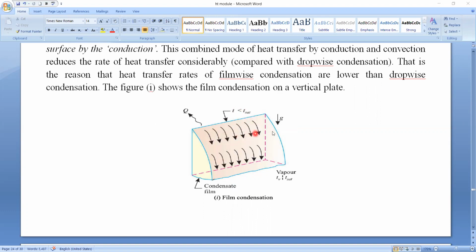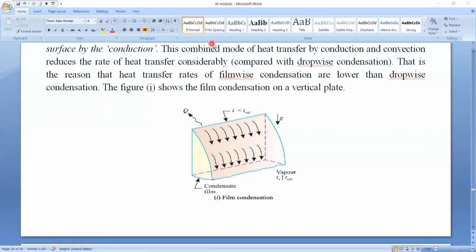Then the vapor loses its latent heat to the surface, and hence there is a phase transformation from vapor state to the liquid state, thereby forming a thin layer of liquid film or condensate film which covers the entire surface. I repeat, a thin layer of film of condensate which covers the entire surface. So this is called the film wise condensation.